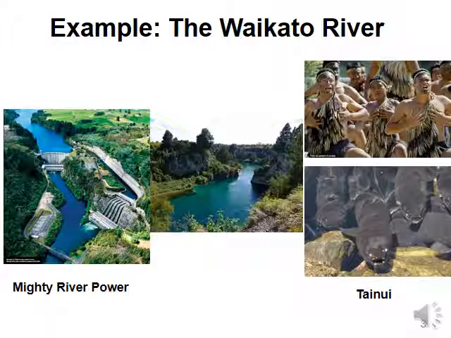Well, what happened? We actually came up with a solution. Basically, the Maori valued the tuna, the fish, they said that it was worth about $100,000 a year to them. Therefore, they went to Mighty River Power and they said, here's $80,000.